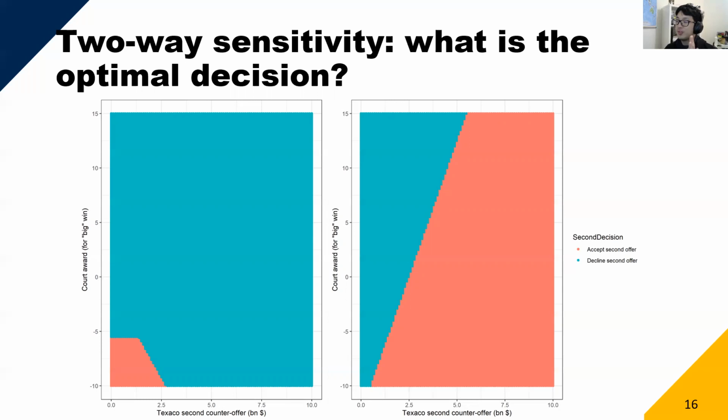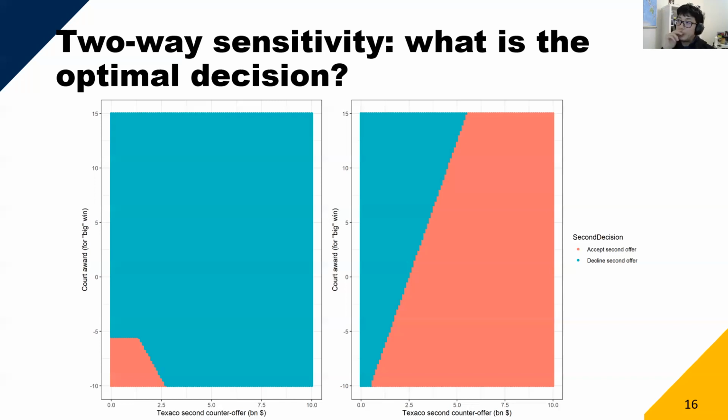And so by creating these sensitivity maps, it gives us a method of dynamically addressing changes in the outcomes for any uncertainties that we may have less confidence about.